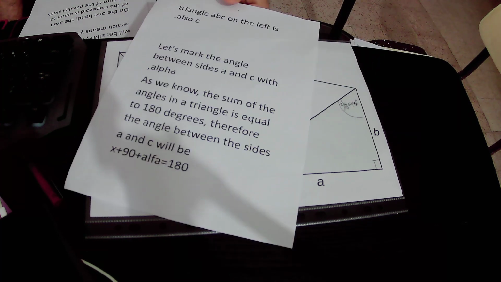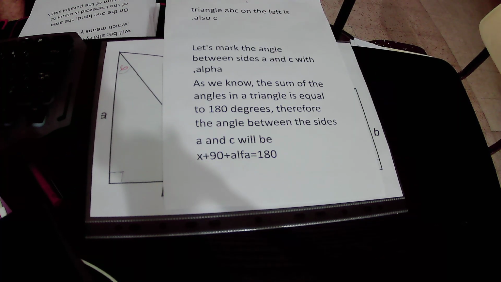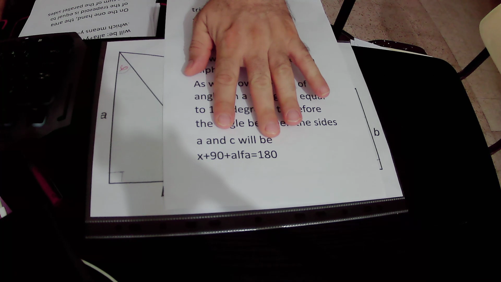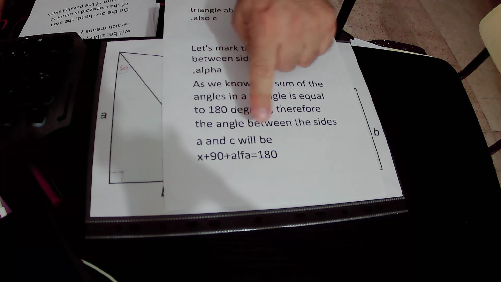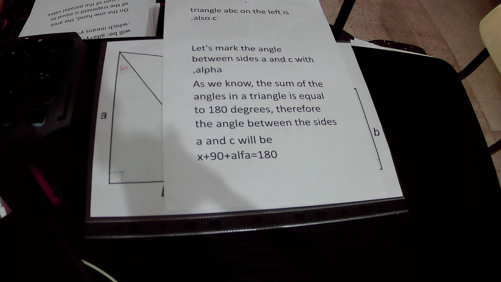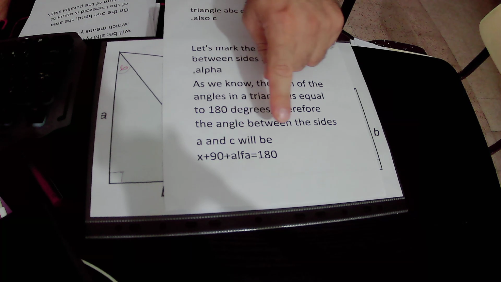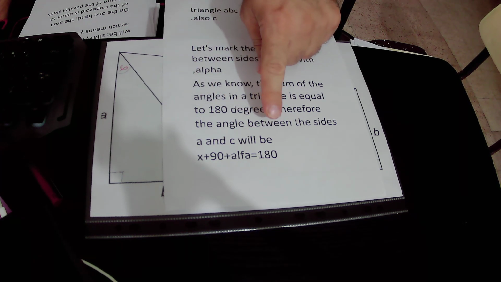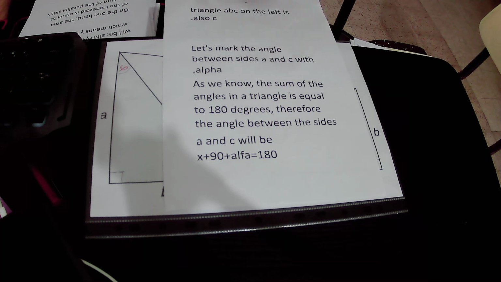So if we deduct 90 degrees from both sides of the equation, we will get that x plus alpha equals 90 degrees. Then we will deduct alpha from both sides of the equation, and we will get that x equals 90 minus alpha.